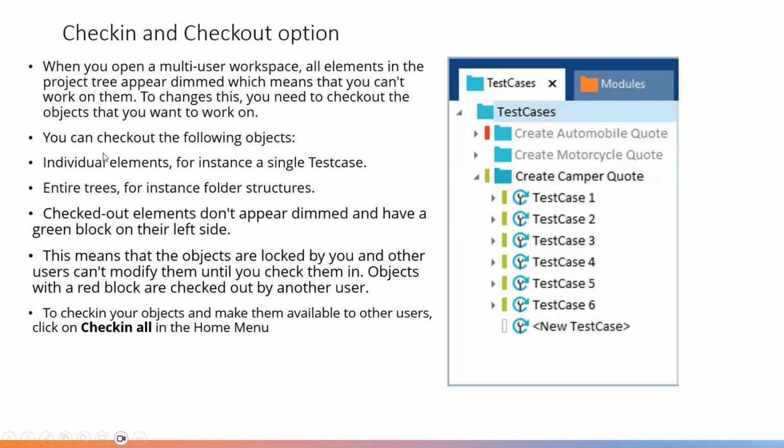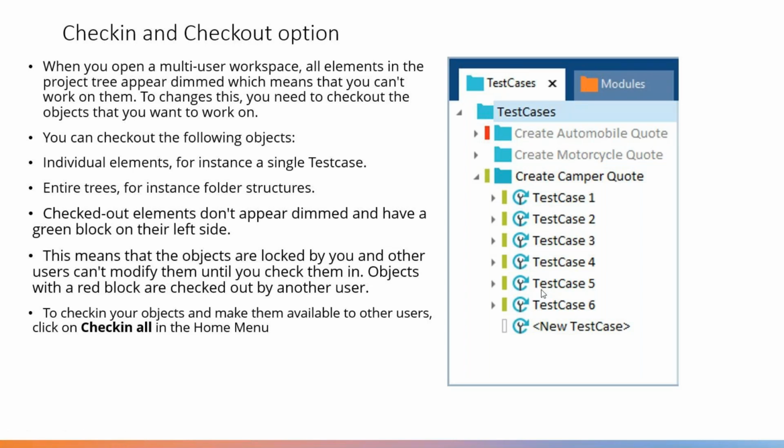What all can you check out? Individual elements. For instance, you can check out a single test case. It's not necessary to check out everything. If you want to do any changes, you have the option to check out only a single test case, or the entire set of test cases, the whole tree structure, and anything in the modules section also.